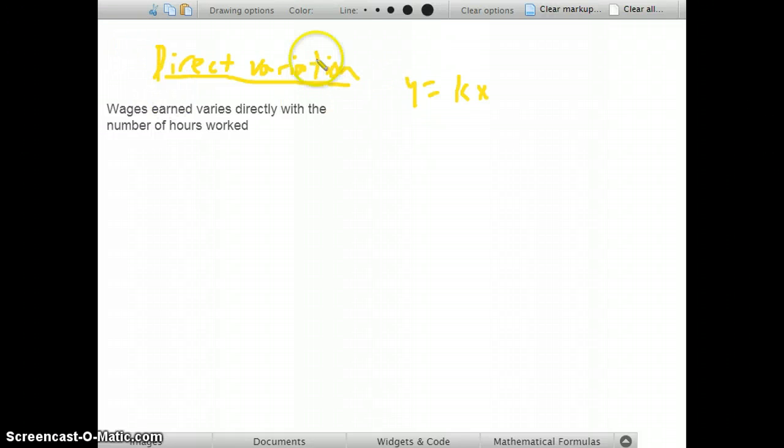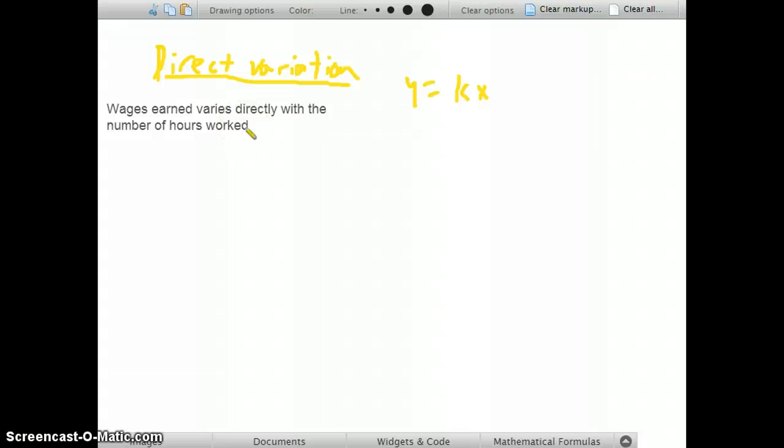even in the real world. Now, first of all, for direct variation, since the equation is y equals kx, k is actually the constant of variation, and k would not equal 0. So, in order for us to understand direct variation, we would have to translate word problems into the formula. So, wages earned varies directly with the number of hours worked.